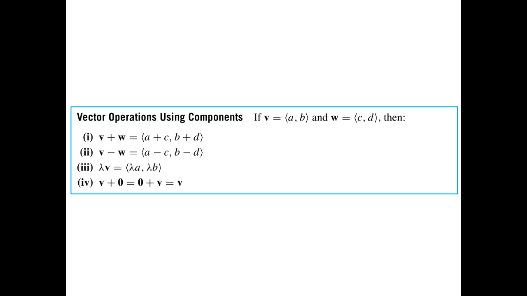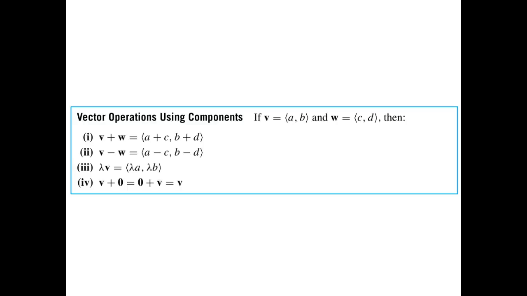If you're multiplying a vector V by a scalar, you scale both components by that scalar. In other words, lambda times V would be open angle bracket, lambda A, comma, lambda B. Scale up or down, whatever that lambda is, each of the components by that same amount. And then one final thing they throw in here, V plus the 0 vector.